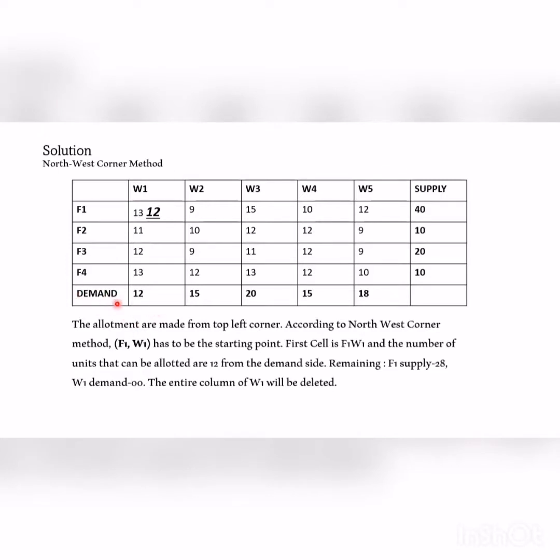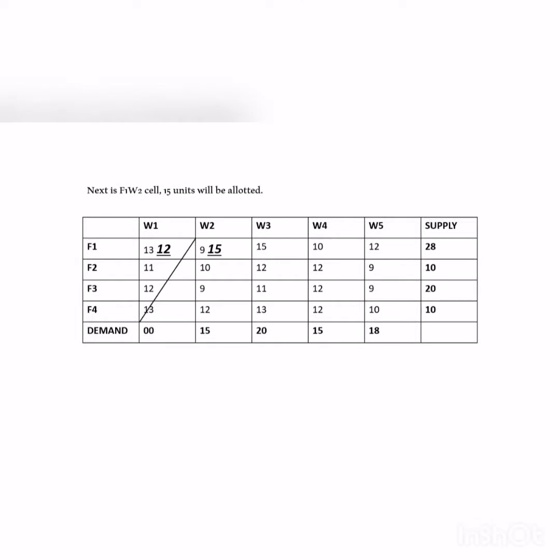After that, the remaining F1 supply is 28, W1 demand 0. So after that, the entire column of W1 will be deleted. Here is the table after W1 has been deleted.